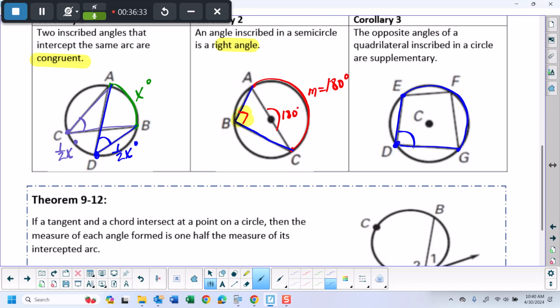Yeah? You good? In another color, I'm going to then talk about F. So here's angle F that is inscribed from this intercepted arc.